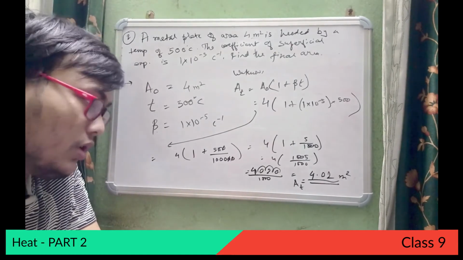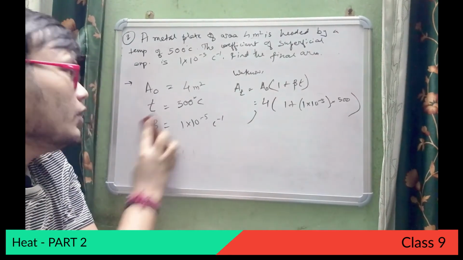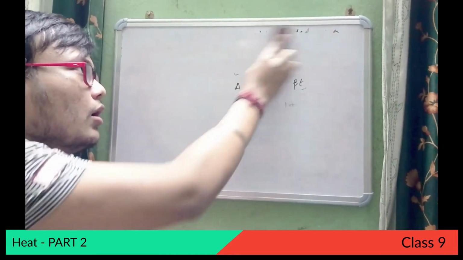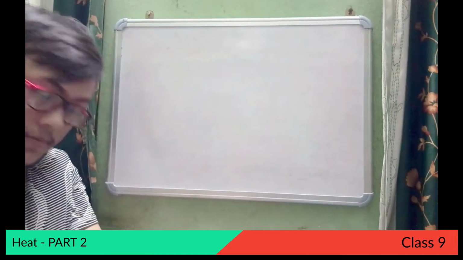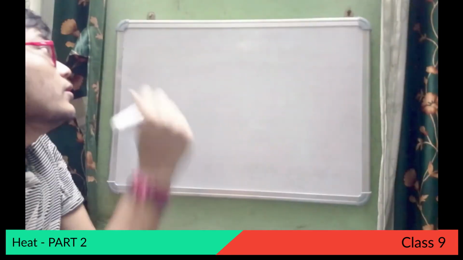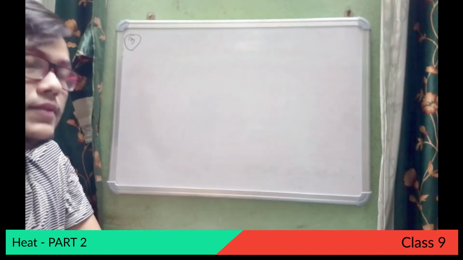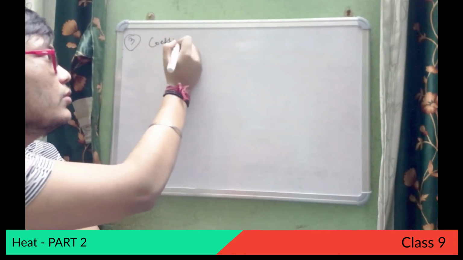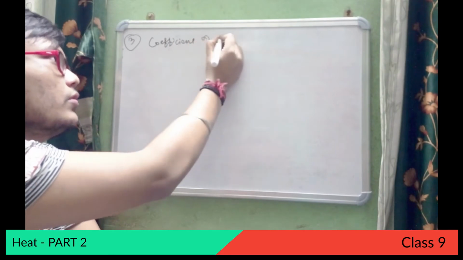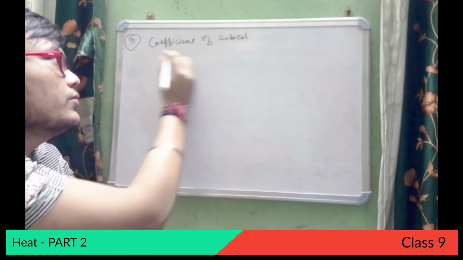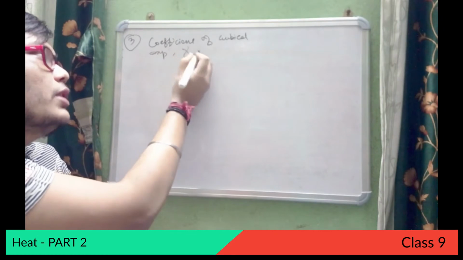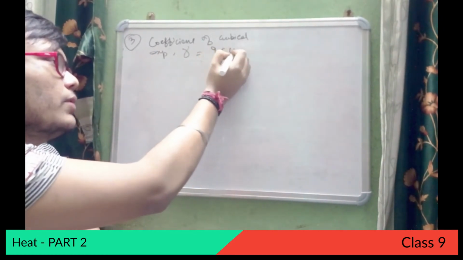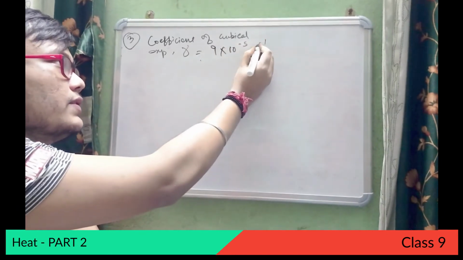Now I'll move on to another type of numerical which is quite often asked. Numerical 3 says that the coefficient of cubical expansion, which is nothing but gamma, is 9 into 10 to the power minus 5 per degree Celsius.